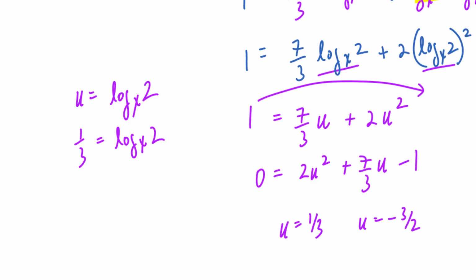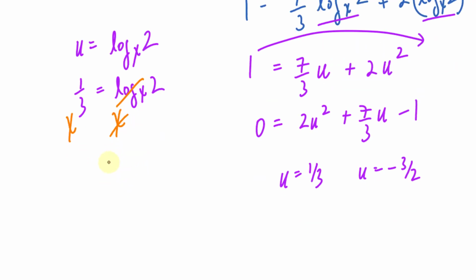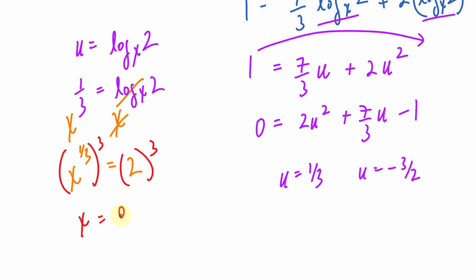We can raise both sides of the equations as exponents to the base x. And what that will do is eliminate the x and the log base x, giving us x to the power of 1/3 equals 2. Cubing both sides, we end up with an x value of 8.